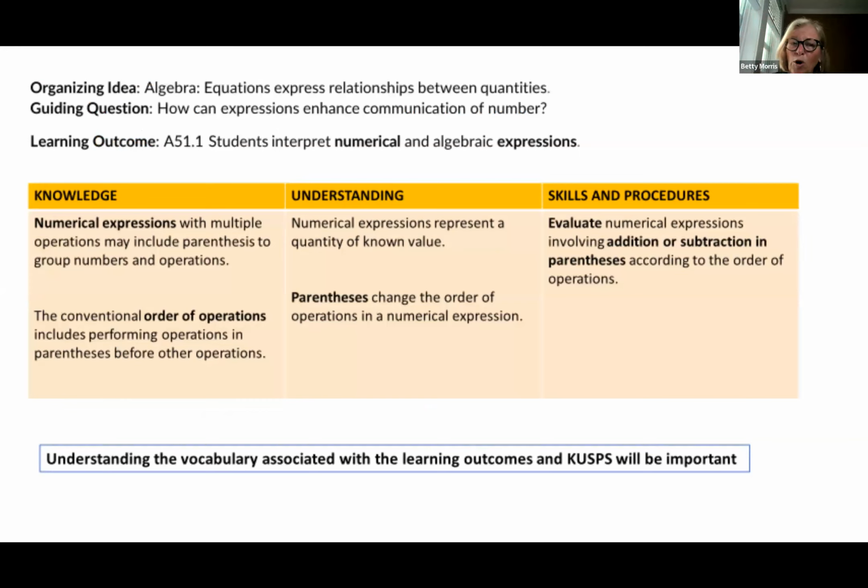And we're going to do numerical expressions. It's almost exactly the same as grade 4, but now we're going to begin looking at the parentheses, okay? And there is a discussion about, and you will see some sites, if you Google and you go to some sites, you'll see that they use the word bracket. And years ago when I went to school and when I first taught it, we used the word bracket.